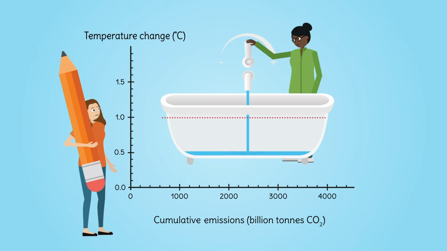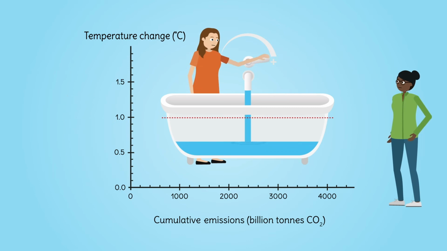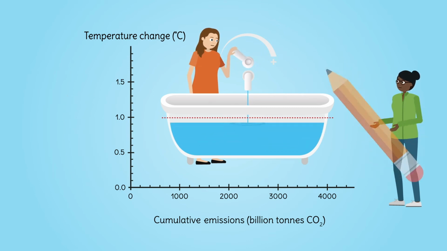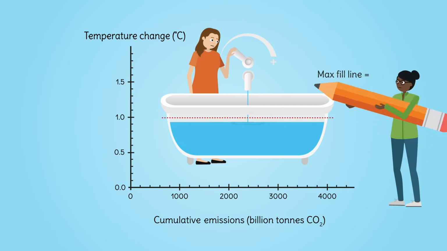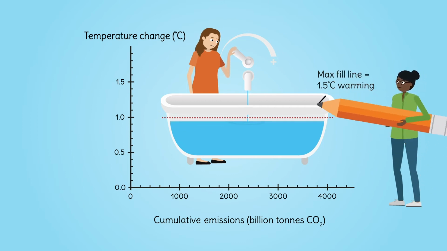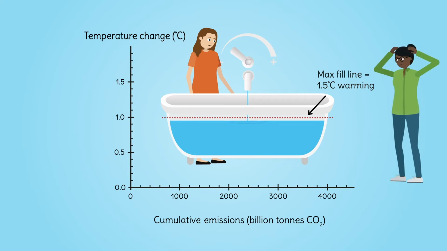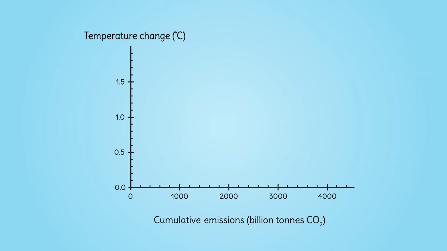We've had the taps on non-stop since the Industrial Revolution. What matters is not how quickly the bathtub fills, but the total amount we can add to it before it overflows. That's what drives climate change. The only way to limit warming is to stop putting carbon into the atmosphere altogether. In short, turning the taps off and reaching zero emissions.